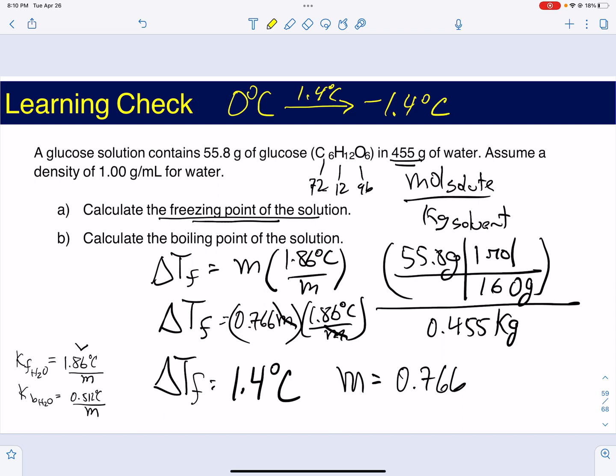Because you start at 0 and it's going to get lower by the change. So this solution will not freeze at 0 degrees like regular water. It's going to freeze below, and we know exactly at what point it's going to freeze.